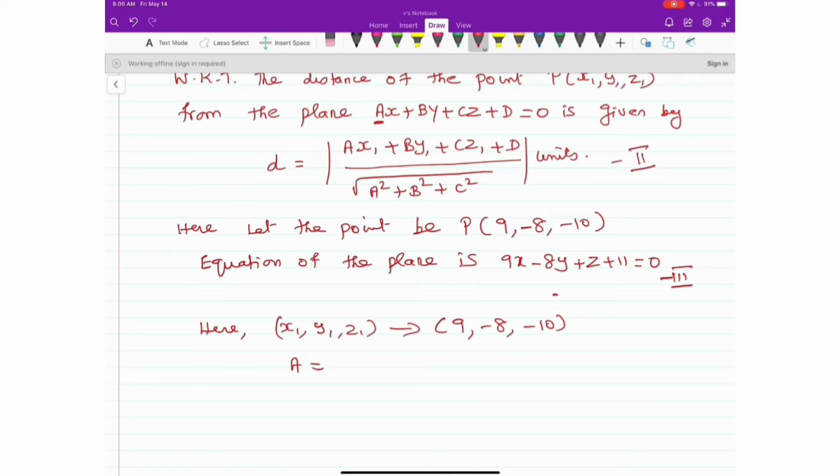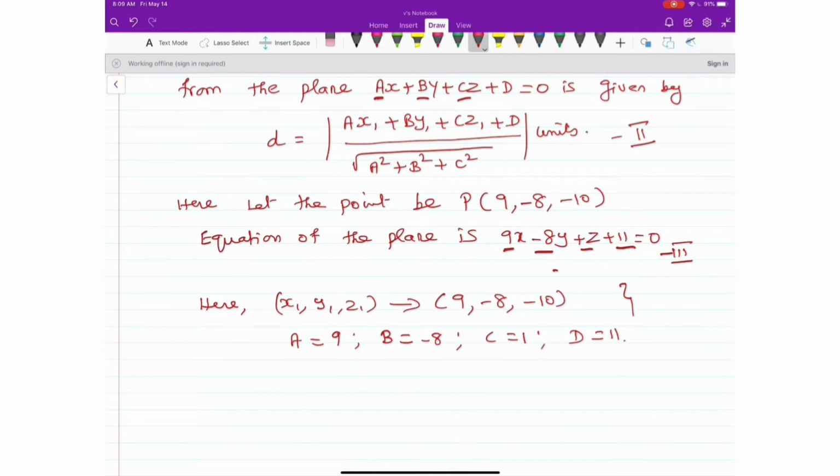If you see the equation of the plane, here the coefficient of x is 9. So, A is equal to 9. B is coefficient of y, which is minus 8. C is the coefficient of z, which is 1. D is the constant term which is nothing but 11.